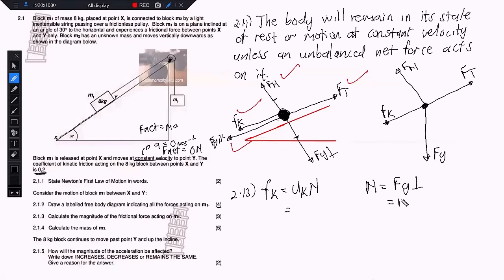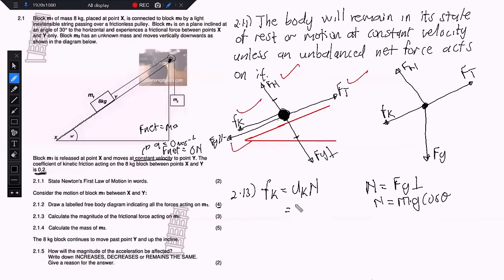So that means my N can be broken down to mg cos theta. Right. So where I see normal force, I can just replace it by mg cos theta, because from the free body diagram, I can clearly see that the normal force has to be equal to the Fg perpendicular, because these perpendicular forces always balance each other out.